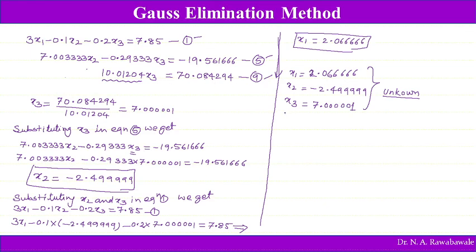So this is the result of three simultaneous equations where we have obtained the values of three different unknowns using the Gauss elimination method. If you verify by substituting these values of x1, x2, and x3 in equations 1, 2, 3, the left hand side will be equal to the right hand side. This is how we simplify algebraic equations to find the values of unknowns.